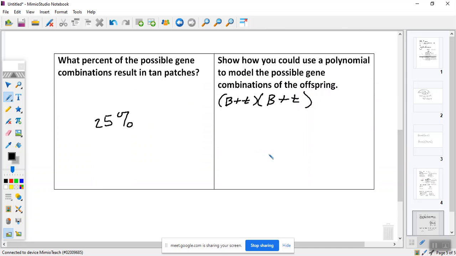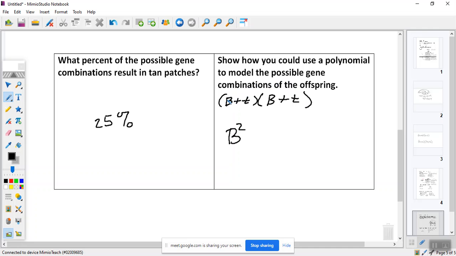First thing I would do is multiply this out, and now we're going to take each part of the polynomial times the 25% in each part, okay? So here's what you would see. What's B times B going to get you? What's B times T going to get you on the outside?